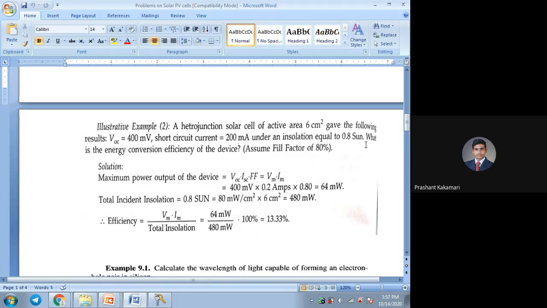Okay, this is not equal to 1000 watt per meter square. It is only 0.8 of sun. It is not equal to 1 sun.